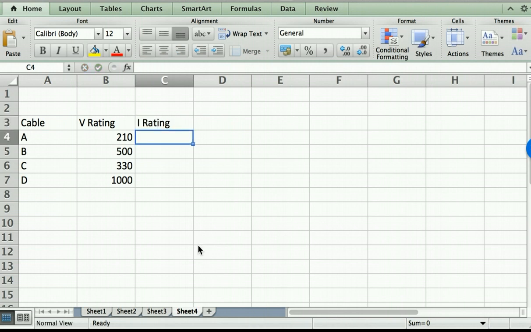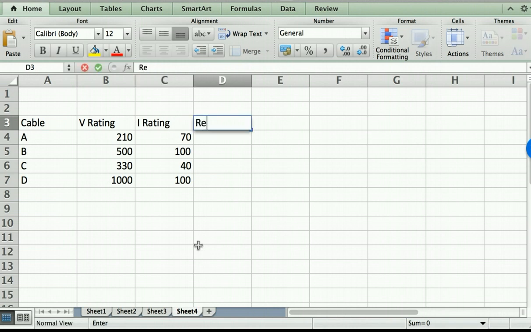The current ratings respectively are 70 amperes, 100 amperes, 40 amperes, and again 100 amperes. And then the resistance. So what is the resistance? 1 ohm, 1.5 ohm, 2 ohms, and then 3.5 ohms.